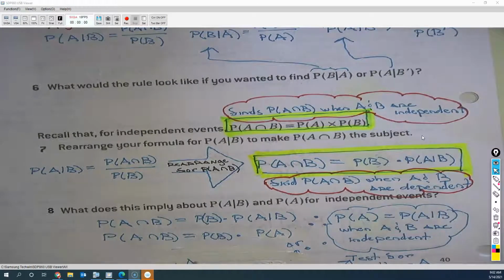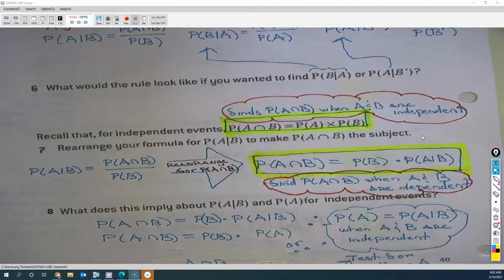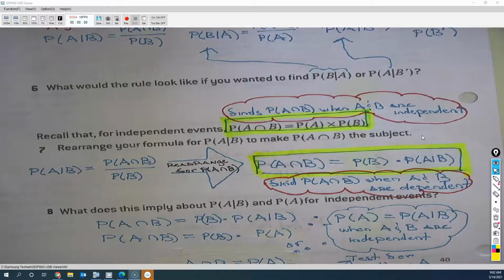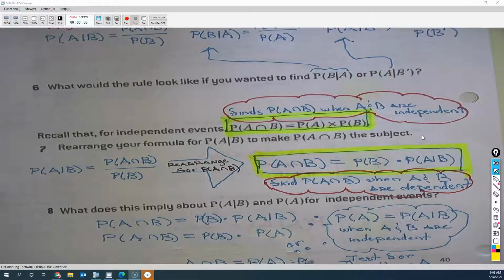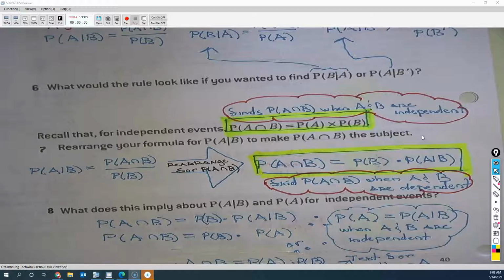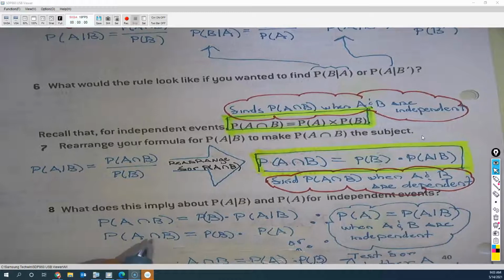So P of A intersect B equals P of A times P of B. This right here is also a test for independence.